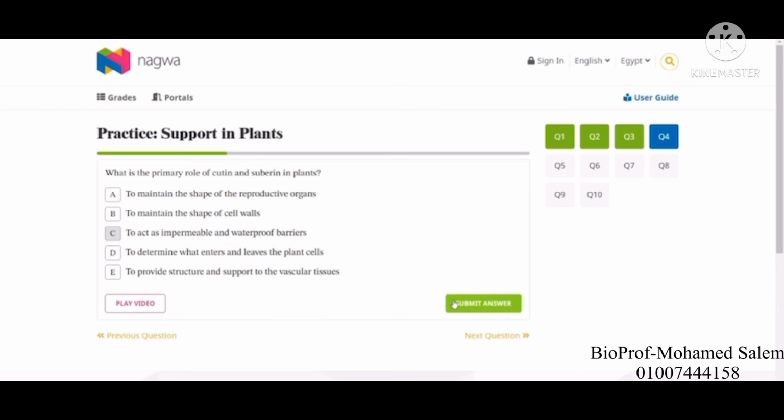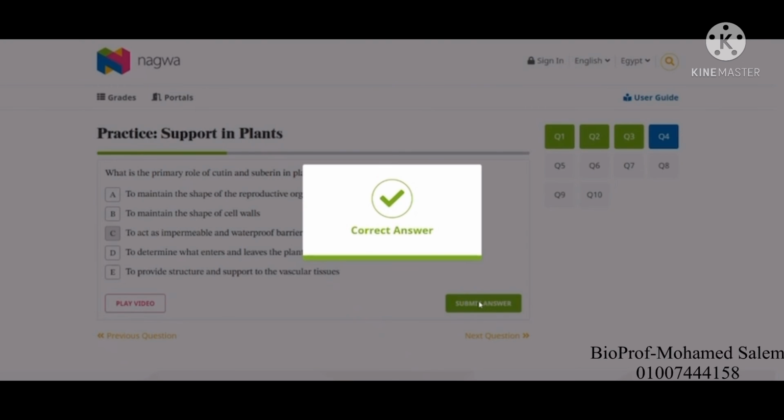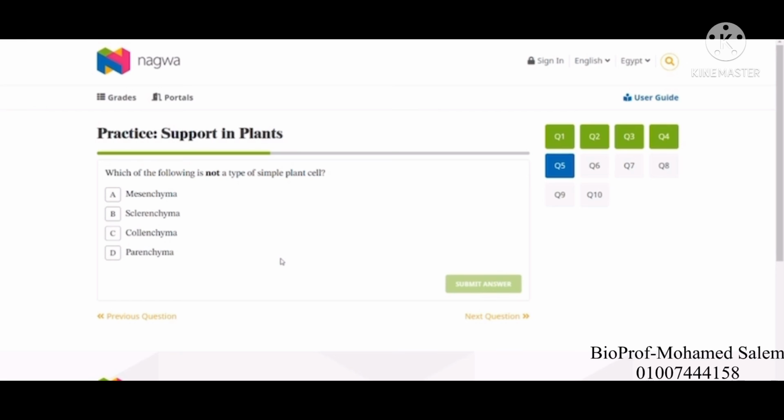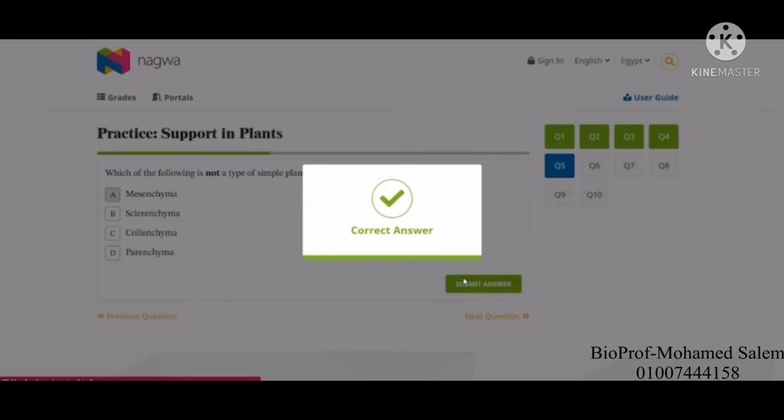They don't pass water, so they are impermeable and waterproof barriers. The fifth question, which of the following is not a type of simple plant cell? We said that simple cells are sclerenchyma, collenchyma, and parenchyma, while mesenchyma is not a simple plant cell.